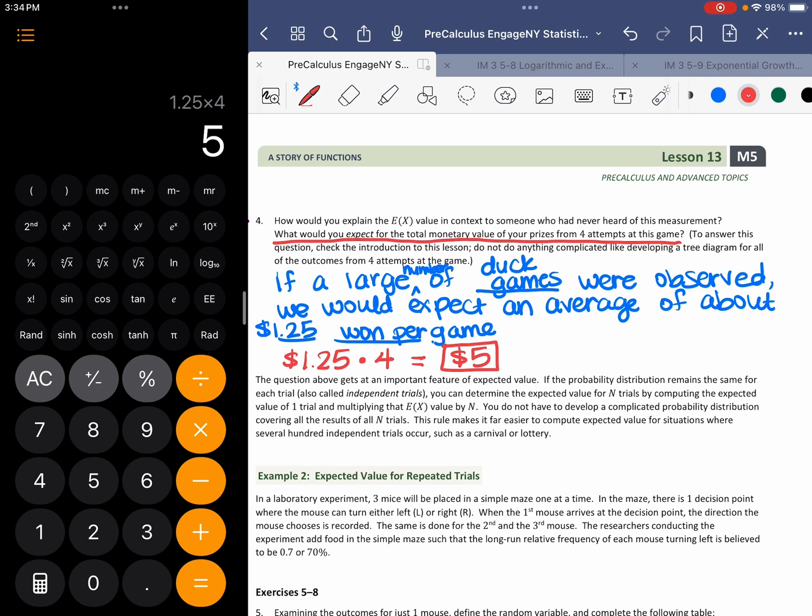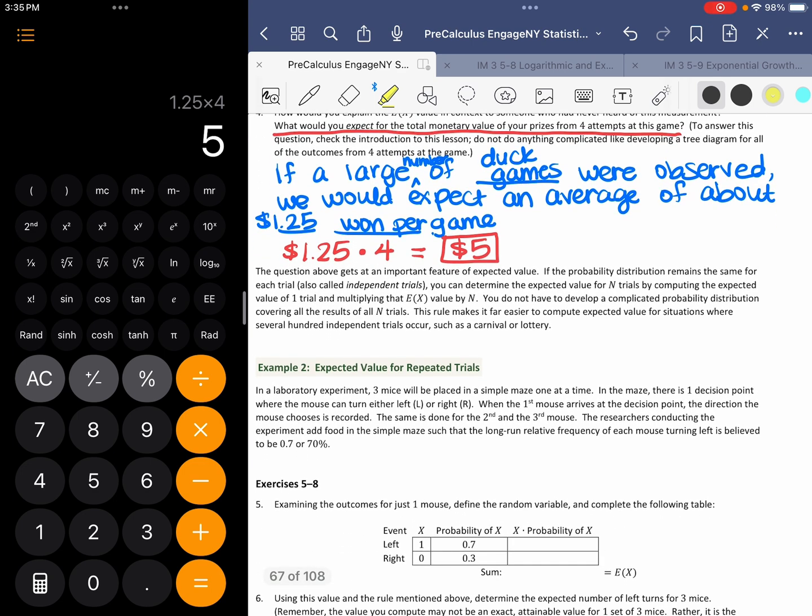So we have this little paragraph below. Maybe get out your highlighter, because we've been using our highlighters to talk about important vocabulary terms and concepts in statistics. So the question above gets at an important feature of expected value. If the probability distribution remains the same for each trial, also called independent trials, we talked about that word independent, you can determine the expected value for n trials by computing the expected value of 1 trial and multiplying that expected value by n.